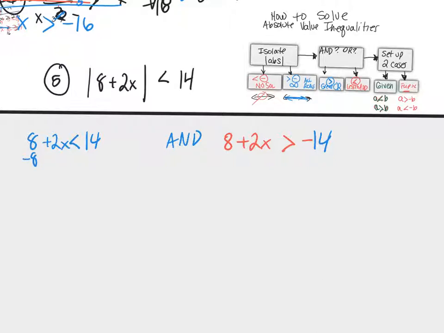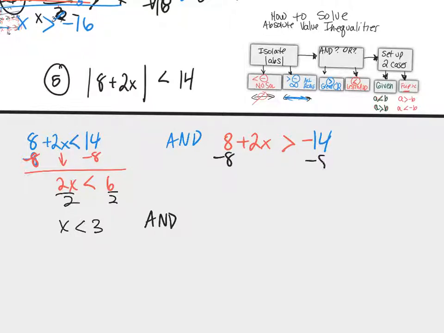Subtract 8 to the first inequality on both sides. We get 2x is less than 6. We remember to keep going. A lot of you guys actually forget to divide by 2 on both sides. So we get x is less than 3. And now we're going to go to the right guy.